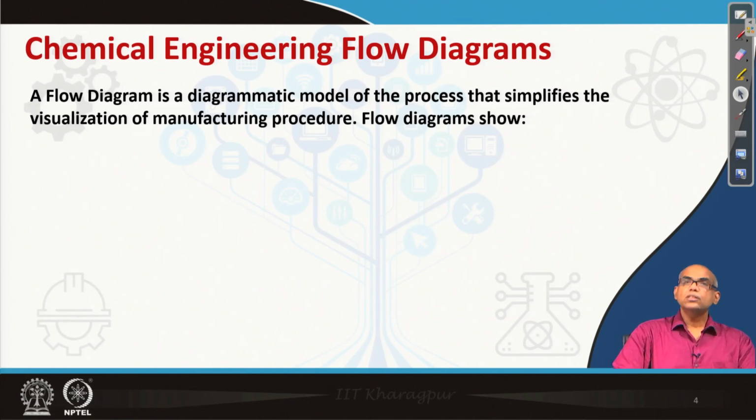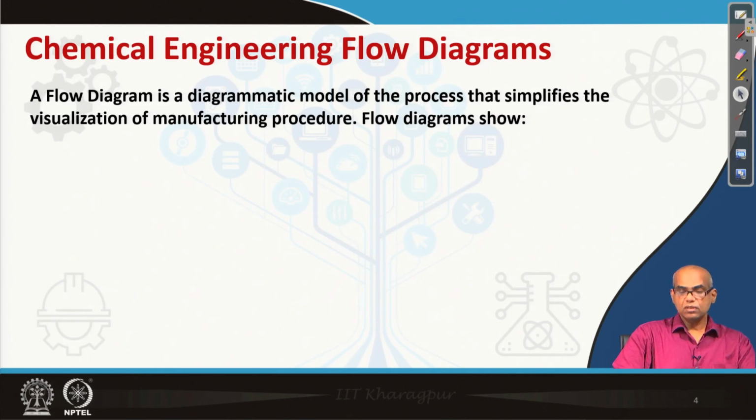So, what are chemical engineering flow diagrams? A flow diagram is a diagrammatic model of the process that simplifies the visualization of the manufacturing procedure.